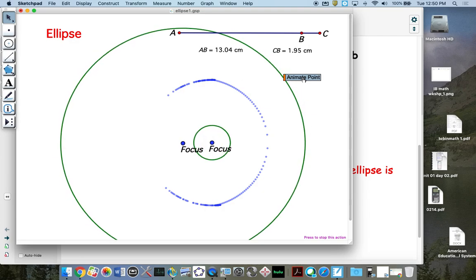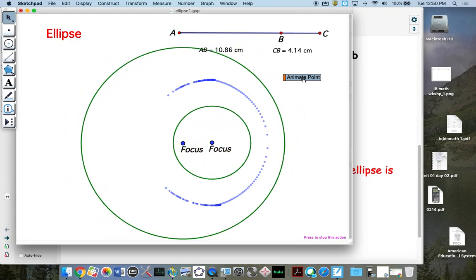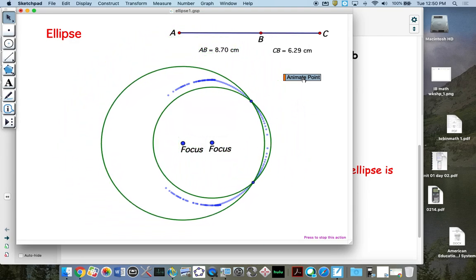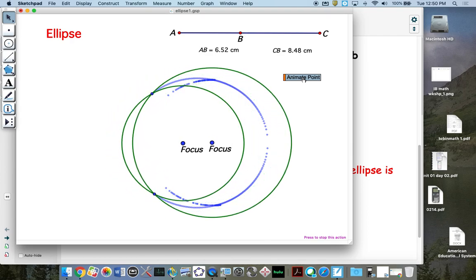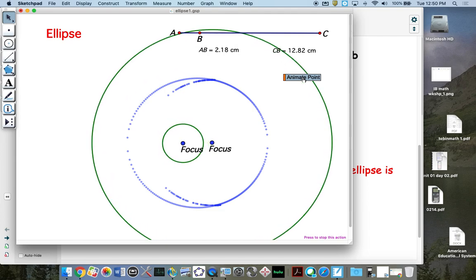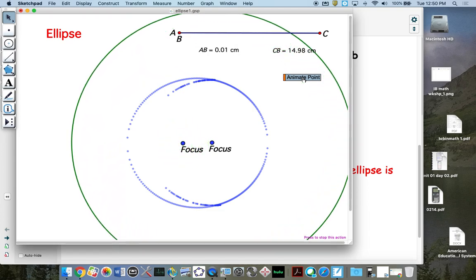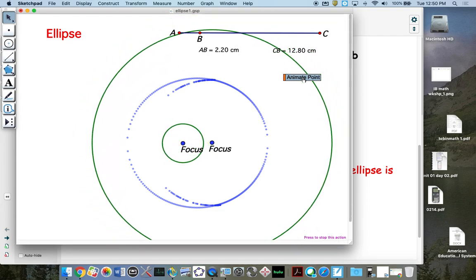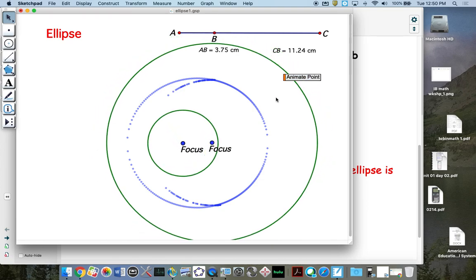I have to wait till it comes back around. There we go. And notice it's a lot more circular now than it was when the foci were further apart.